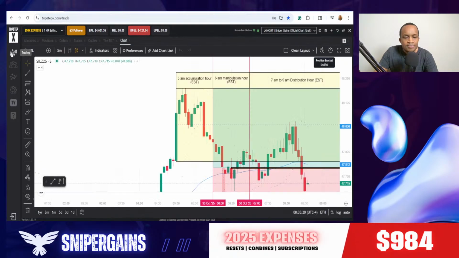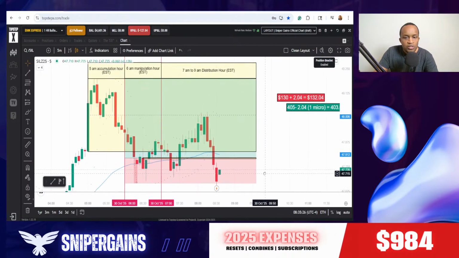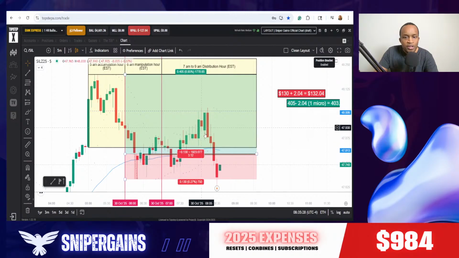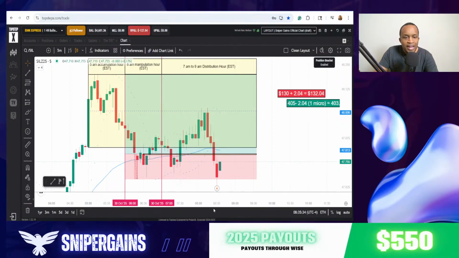Kind of sucks. I personally don't like that I had to take that hit, but I do follow my rules because I cannot be going over here and just gambling, right? I got to follow my edge. It just so happened that the edge took me out, and if it goes all the way up, I'll be pissed, but it is what it is.